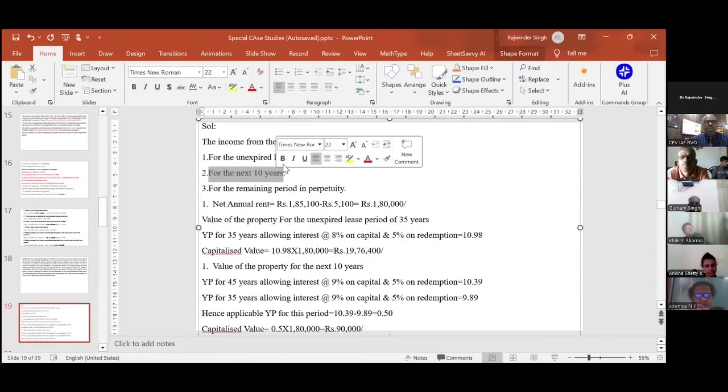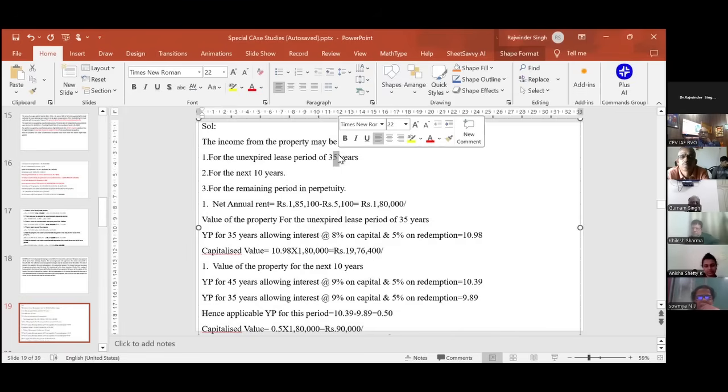Let us understand it simply. What will we do? We will find it for 45 years, out of which we have already used 35 years. So we will calculate from 45 years and 35 years. We calculate for 45 years, it is 10.39.